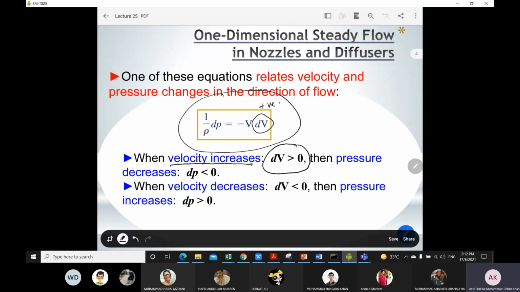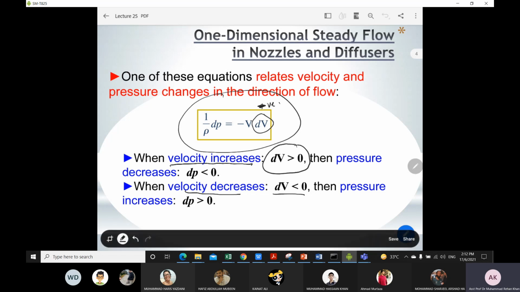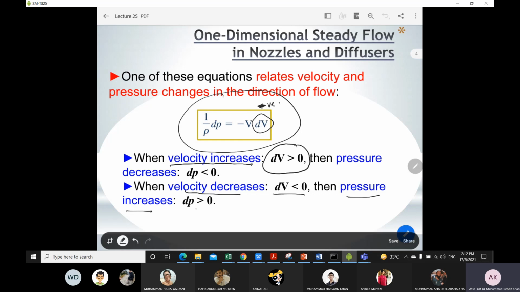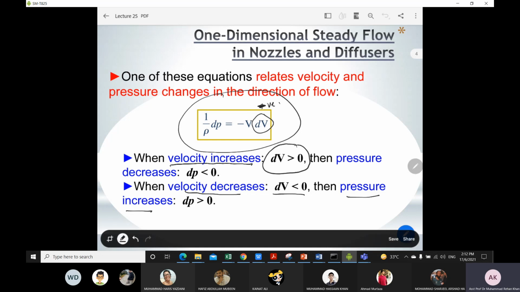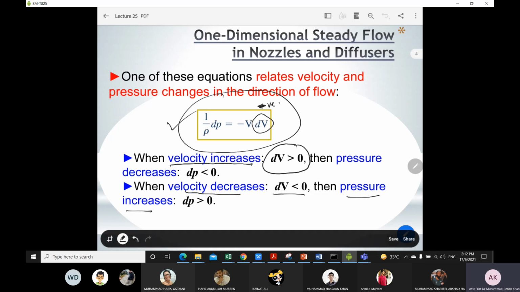So it means your pressure decreases if your velocity increases. And if your velocity decreases, that is dv is less than 0, if this term becomes negative, so negative negative positive, so your pressure increases, so dp becomes greater than 0. Okay, so these two pieces of information we get from this equation. This is the important thing over there.